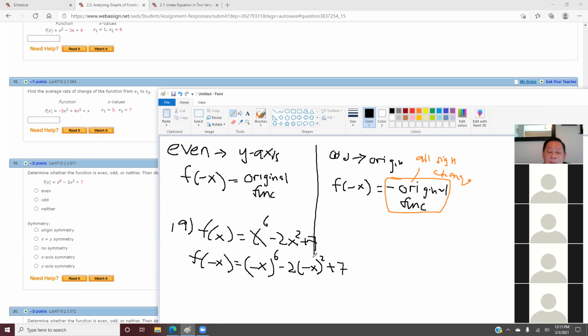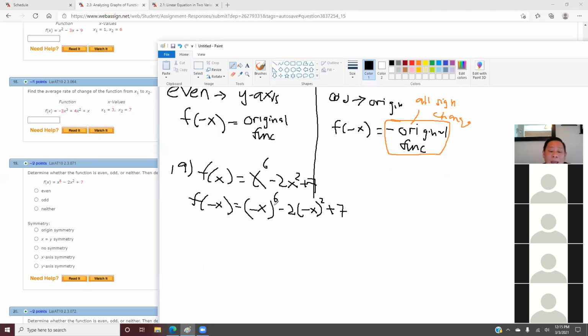Can someone tell me what happens when you have negative x to the power of 6? This is the same thing as negative x times negative x, 6 times, right? So what happens to your sign when you multiply it 6 times? Do you get negative or do you get positive?